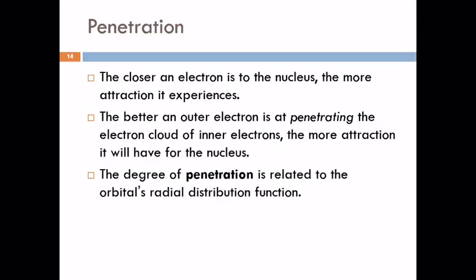Penetration has to do with how close the orbital is to the nucleus. The closer the electron gets to the nucleus, the stronger the attraction. But when we looked at all of those orbitals and we did all those crazy diagrams, we saw that there were nodes at the nucleus and that the electron never gets right to the nucleus.